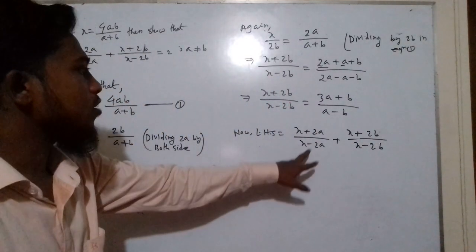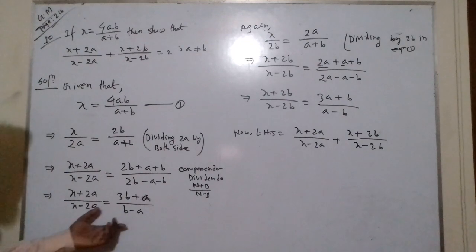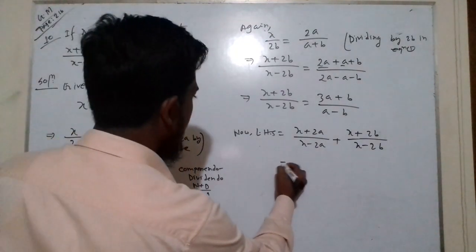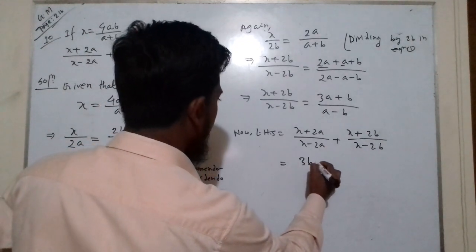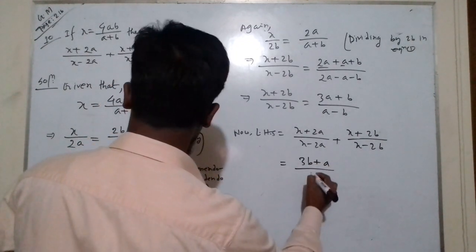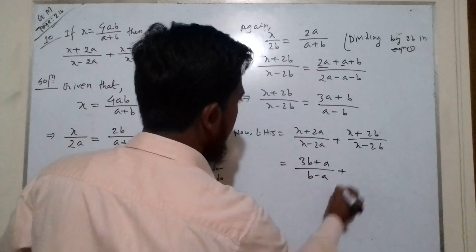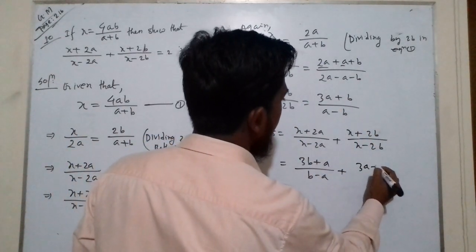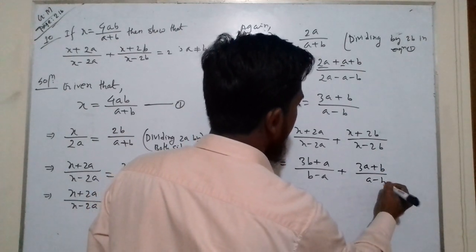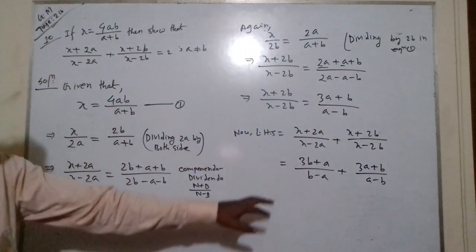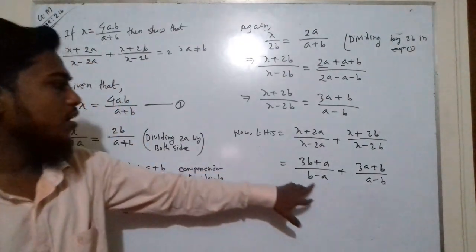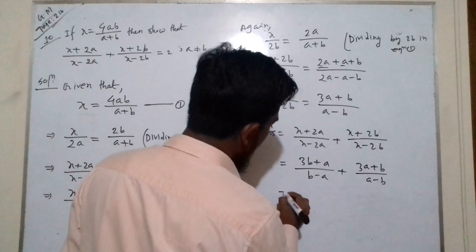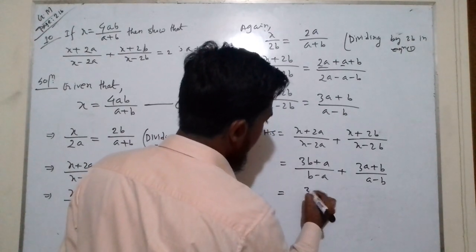The value of x plus 2a divided by x minus 2a is 3b plus a divided by b minus a, and this value is 3a plus b divided by a minus b. Here it is a minus b and this is b minus a, so we take common minus in this term.